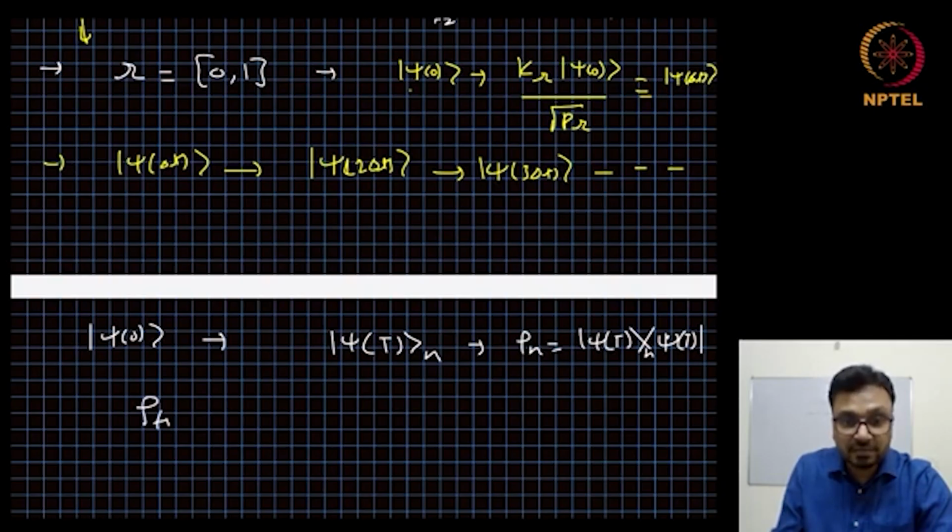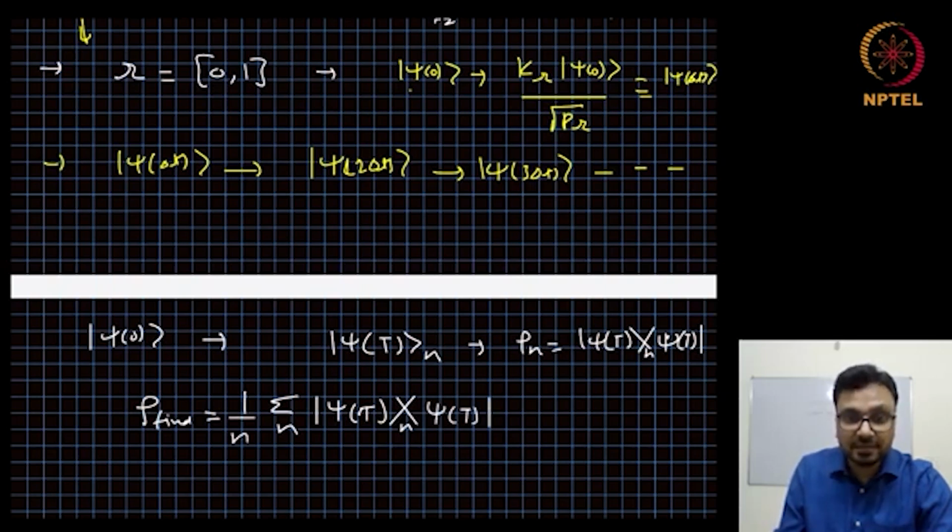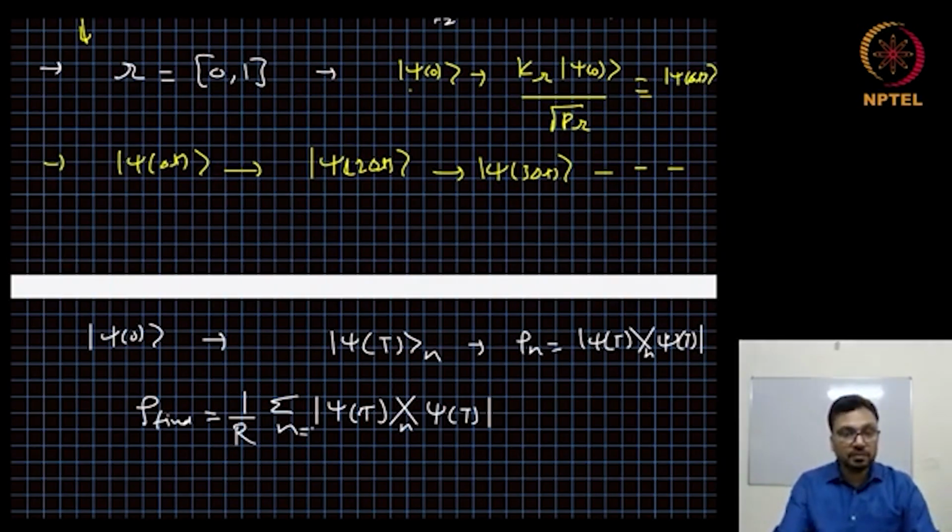So rho final will be the sum over n of psi of T outer product psi of T, divided by the total number of trials. Let us say we had R trials, so n is from 1 to R. R is the number of trials we have, so our final state will be the mixture of all the possible outputs we got in all the trials.